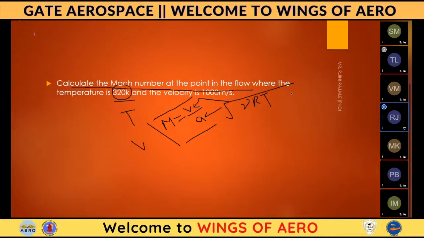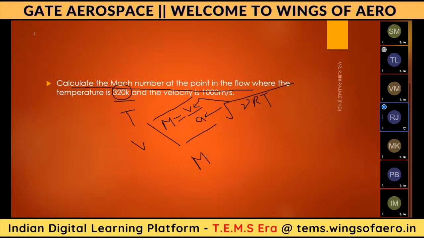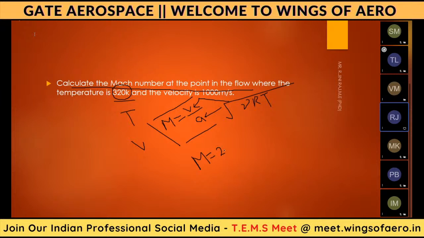By substituting this in this equation, we will be getting m equal to, what is the answer? M equal to 2.78. 2.78, sir. Okay, super.